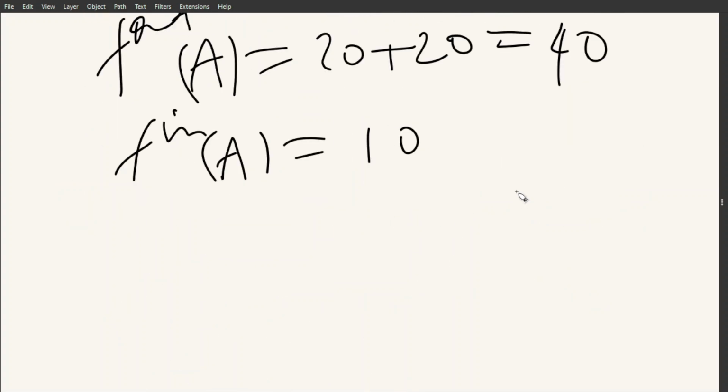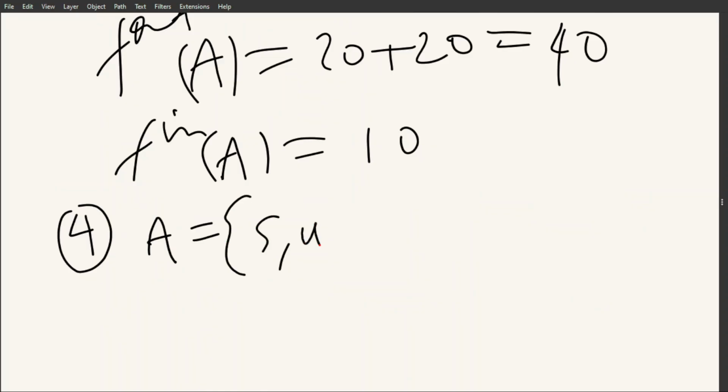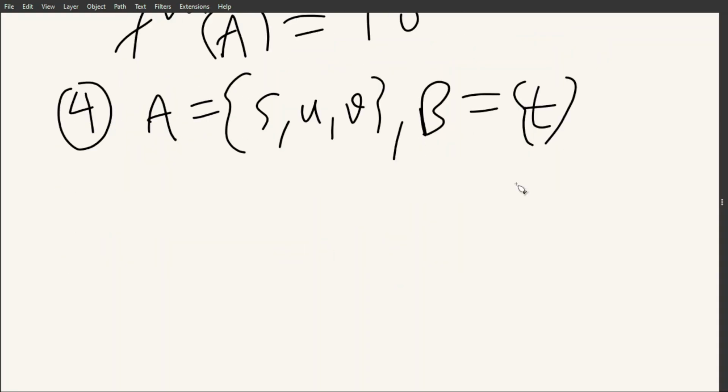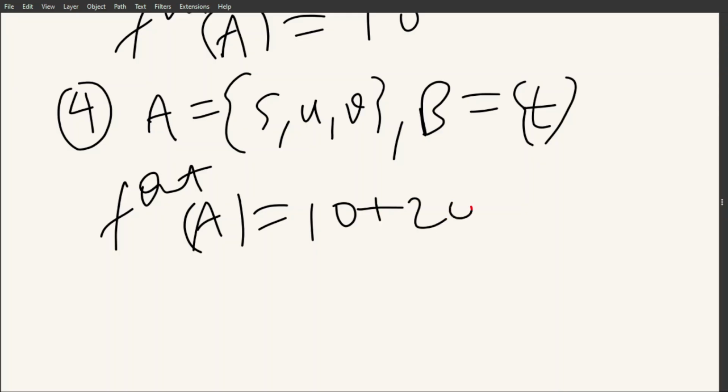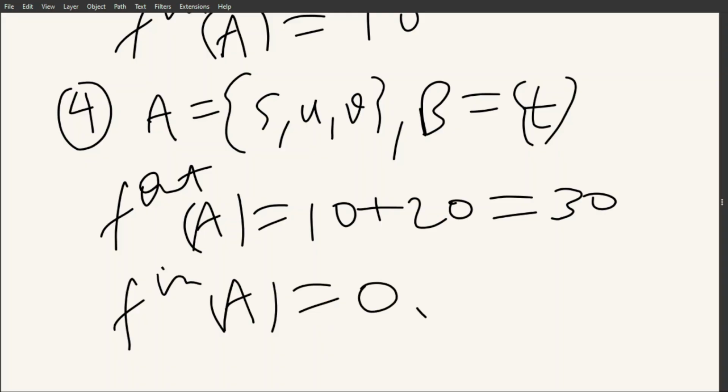So in this fourth possibility, A is s, u, v and B is t, flow out of A is 10 plus 20 is 30, and flow in of A is 0. So in each case you can verify that the value of the flow is flow out of A minus flow into A, where AB is a cut and s is in A. Next we proceed to the upper bound on the flow.